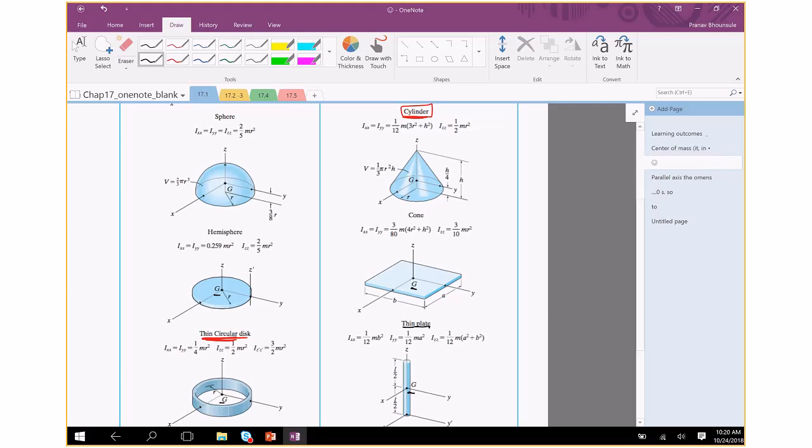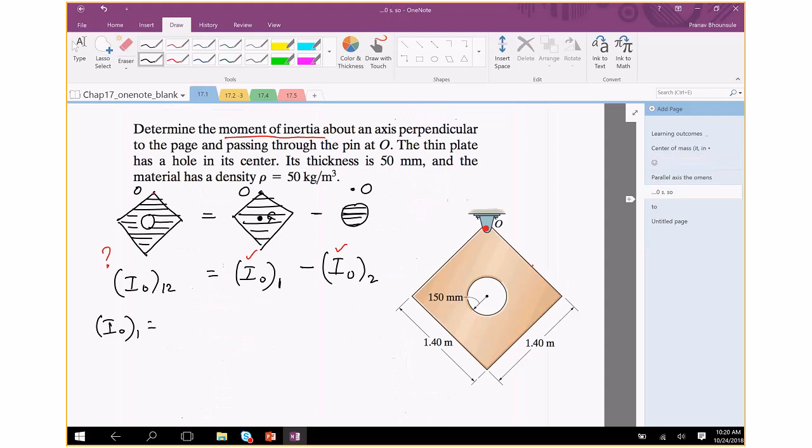So I'll use IZZ, which is 1/12 mass times the length of the sides squared and summed. So that would be 1/12 the mass, which is going to be density times the length, width, and thickness, which is 50 millimeters, so 0.05, times A square plus B square, where A and B are the lengths. 1.4 square plus 1.4 square.